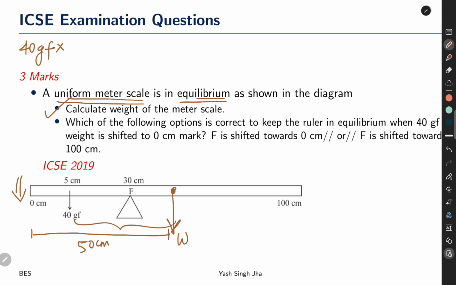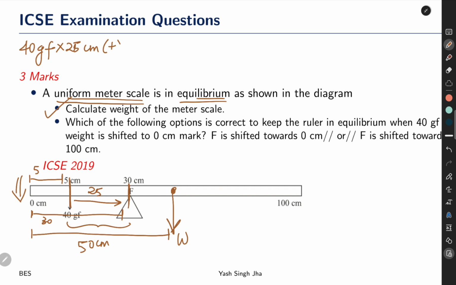What distance? The distance between the line of action of force and the point of rotation. From here to here is 5. From here to here is 30. So this distance would be 30 minus 5, which is 25 centimeters.